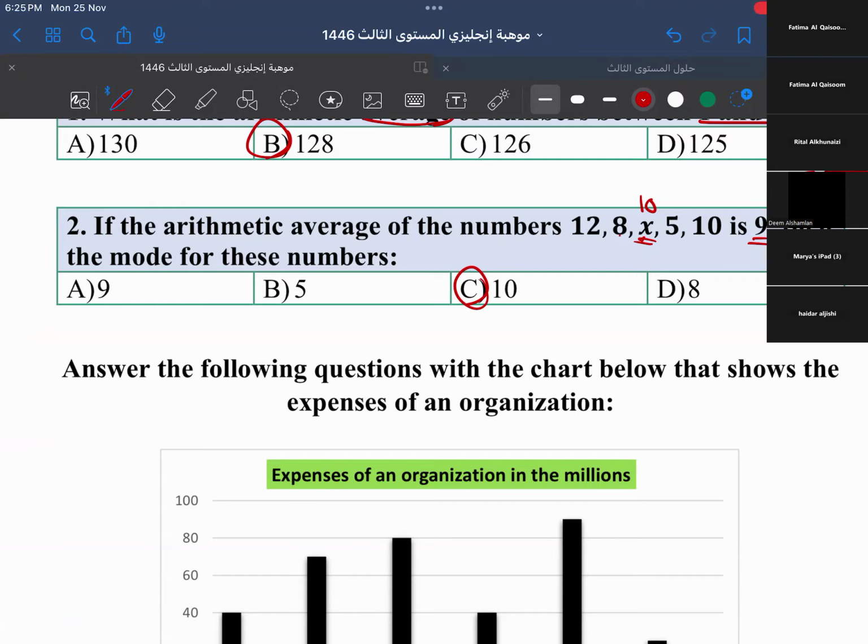And they gave us that the average of them equals 9. So I use that to find x, because I need to find x. When I found x, now I can find the mode. Okay?